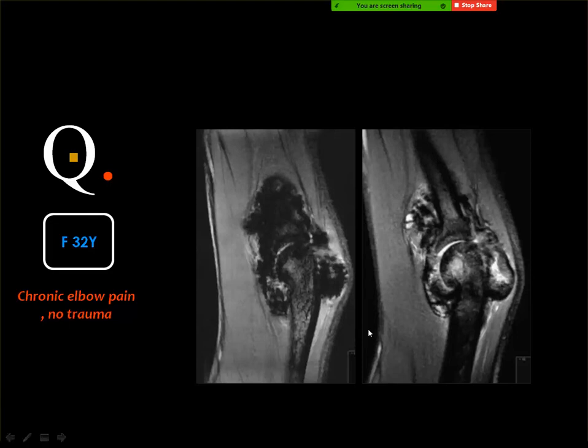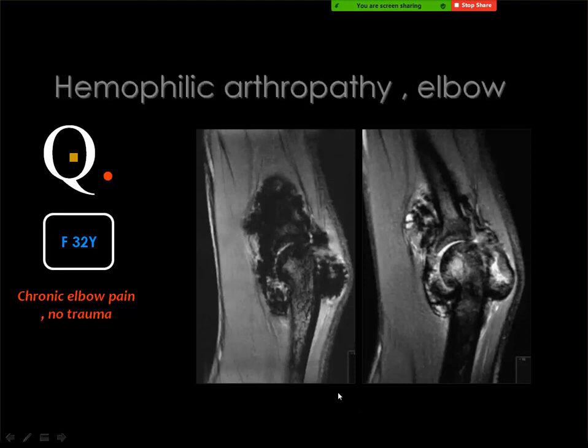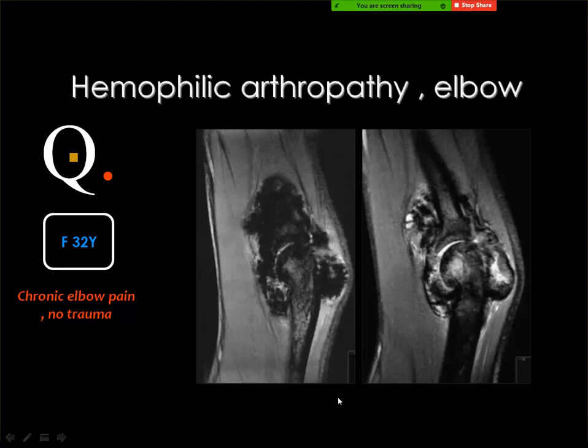This is the elbow joint, and you got extensive low signal lesions within the capsule. Pigmented villonodular synovitis. Yes, there are two possibilities here: hemophilic arthropathy and pigmented villonodular synovitis. Actually, these two images are not enough to select one of the conditions, but you should have the post contrast image.